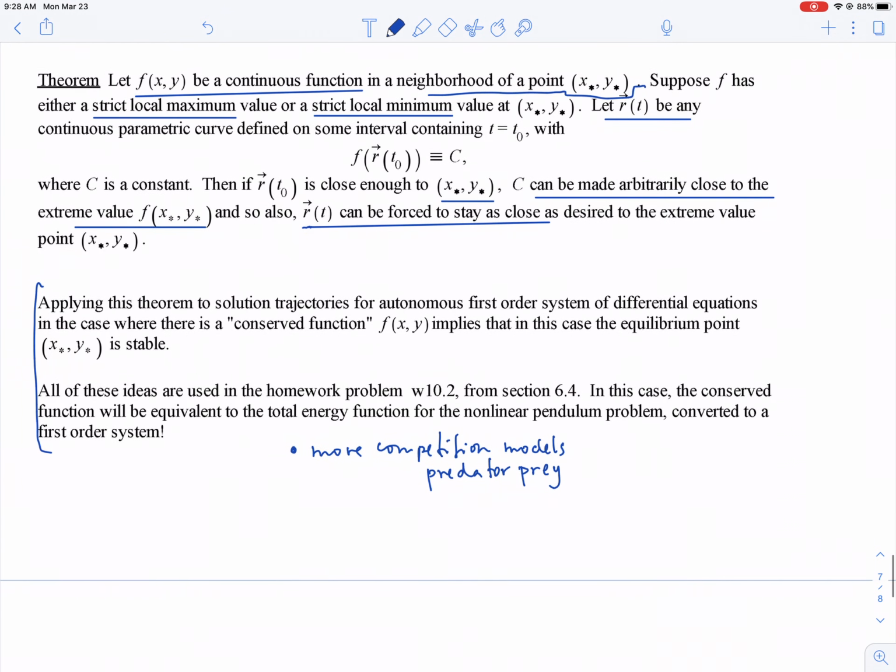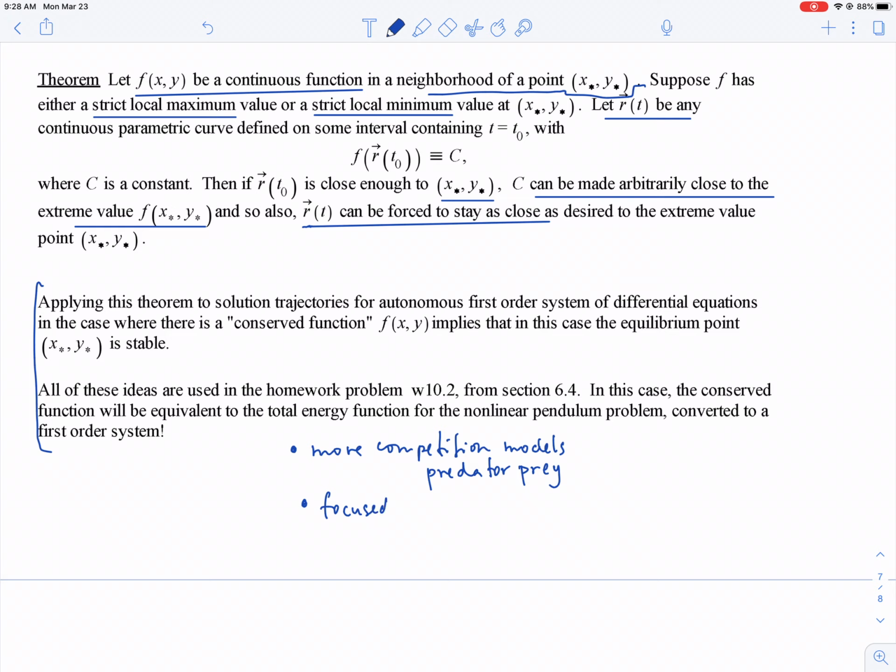And then we focused on checking stability in the borderline case. For the borderline linearization case, where the eigenvalues are purely imaginary. Okay.